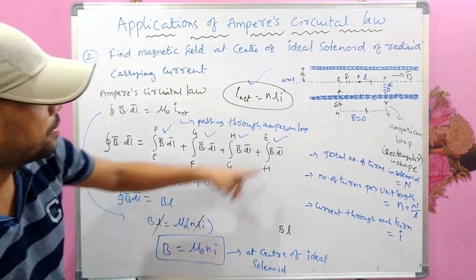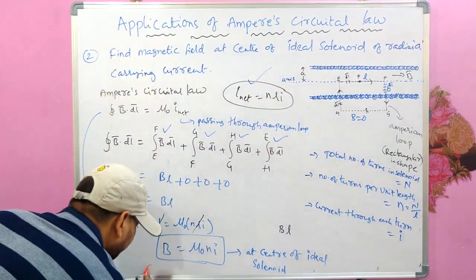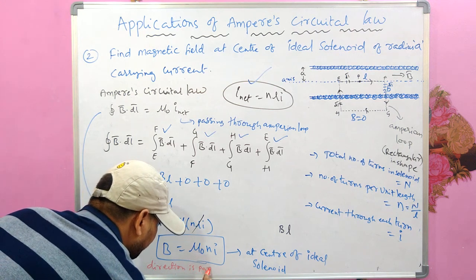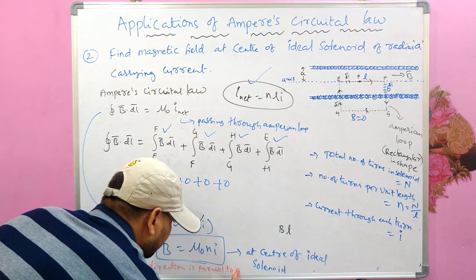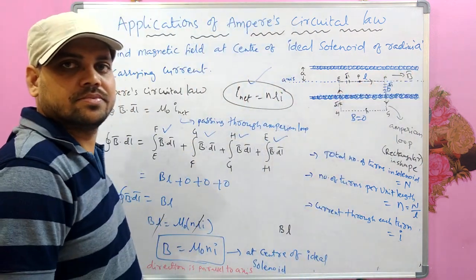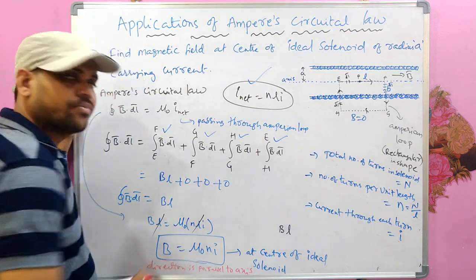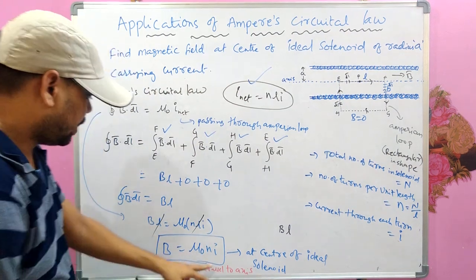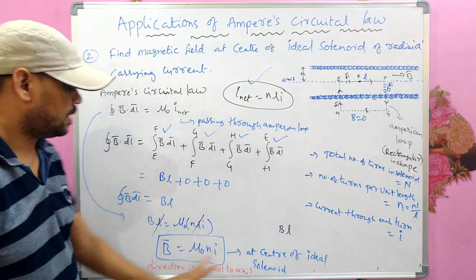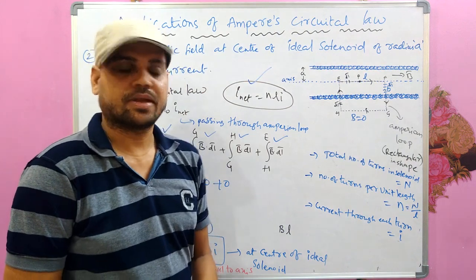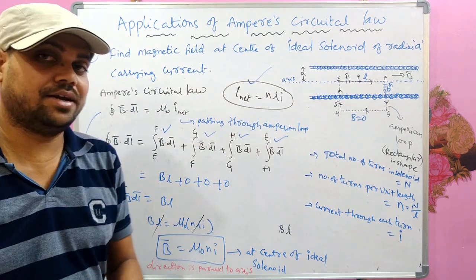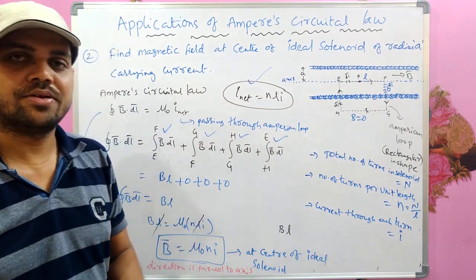Direction is parallel to the axis. If you write this in terms of a vector, this is actually the magnitude and the direction is this, so you can write B bar is mu naught N I, including direction. This was already calculated using Biot-Savart's law in another video. We can compare this with that.